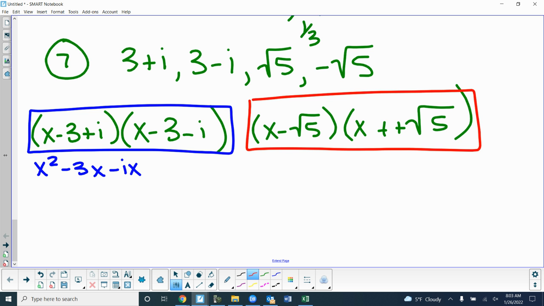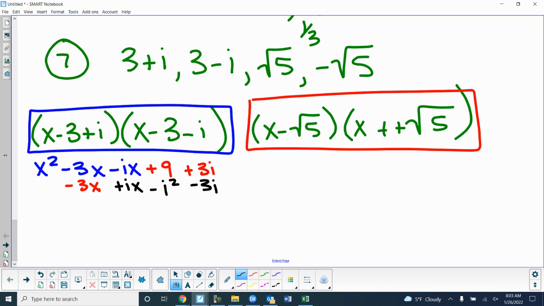And then I'm going to go negative 3 times x, and negative 3 times negative 3, and negative 3 times negative I. And then I'm going to go I times x, and I times negative 3, and I times negative I, which is negative I squared, right? So there's your 9 terms.